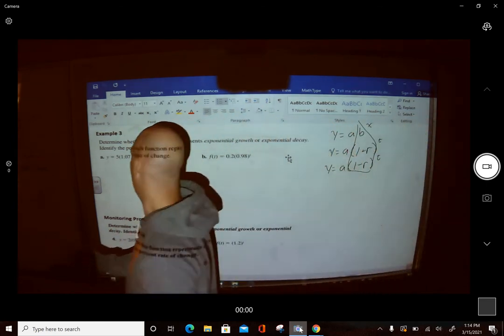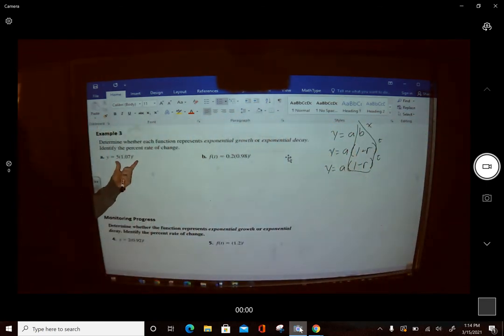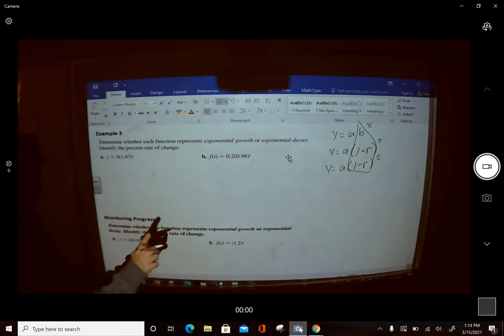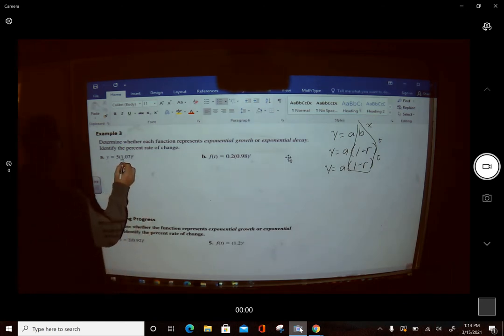So we can use that if someone gives us a model. So here we have a function model. Y equals 5 times 1.07 to the t. Now, I don't know what this is trying to represent, but I do know that this has to be growth because I look here. This is my multiplier. I don't care how many I'm starting out with. 5, 10, 20, 50, 2.1, whatever.